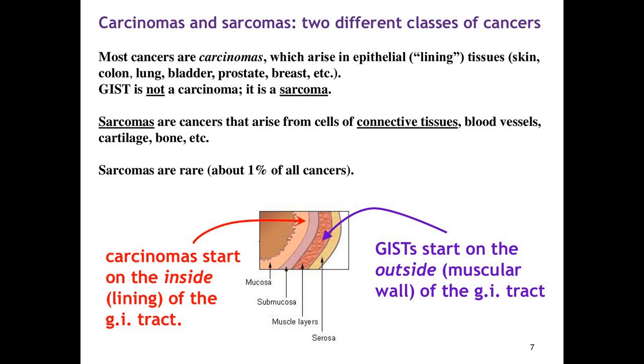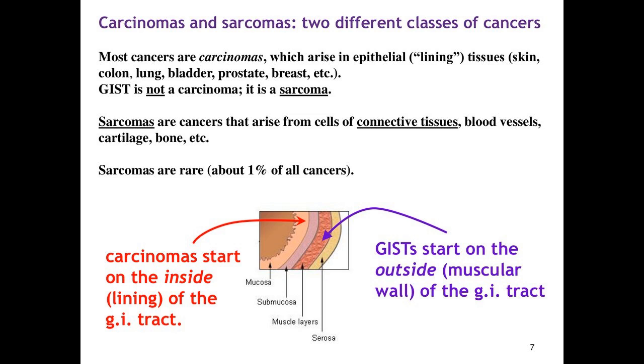At the bottom of this slide, I've shown just a cartoon cross-section of the lining of the GI tract, the stomach in this case, to make the point that carcinomas, which happen in the GI tract, colon, stomach, esophagus, begin with cells that are on the lining of the GI tract, which is the inside surface of the stomach, for example, recognizing that that's really the outside of the body because the GI tract is really external to the body, even though it runs through the middle of the body.